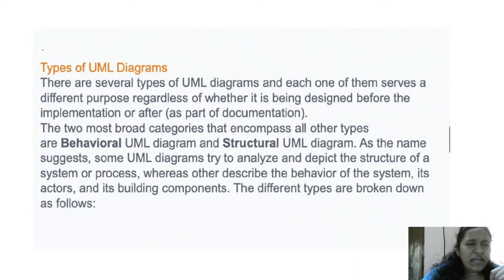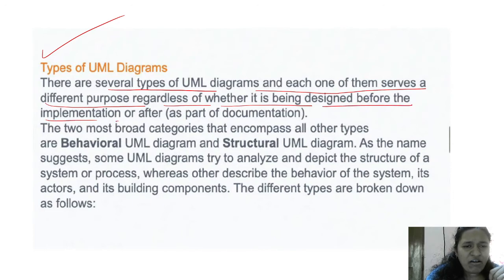What are the different types of UML diagrams? There are several types of UML diagrams, and each one of them serves a different purpose, regardless of whether it is being designed before the implementation or after. The two broadest categories are behavioral UML diagrams and structural UML diagrams.